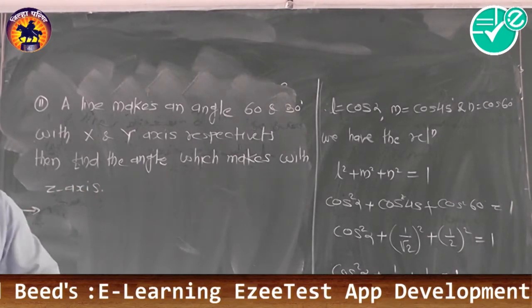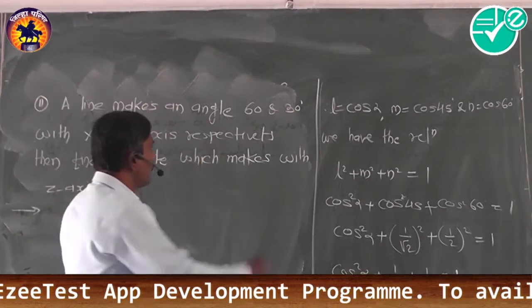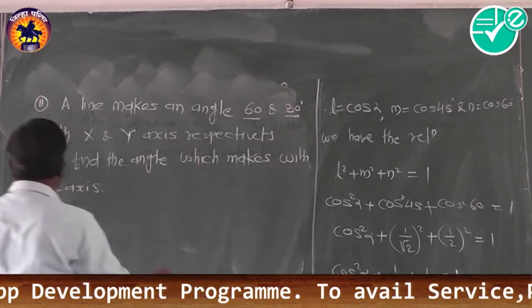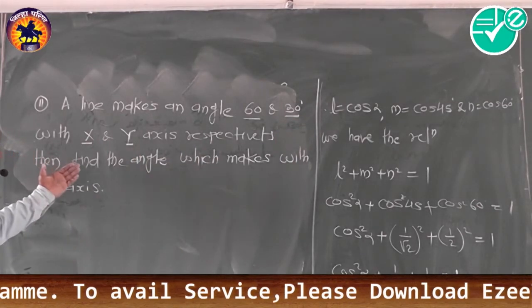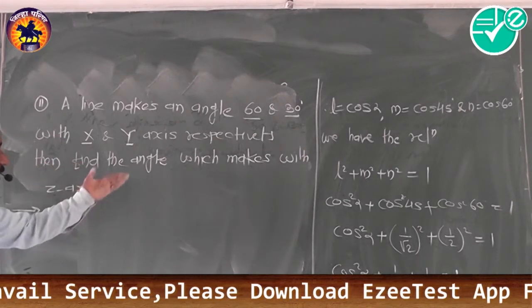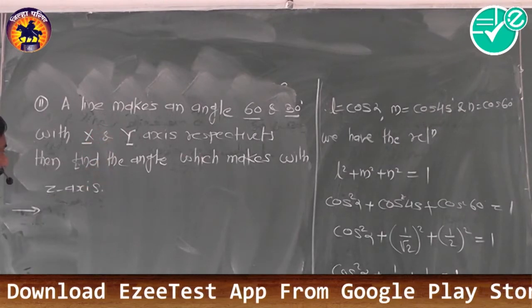Just like the similar example, here a line makes angles of 60 degree and 30 degree with the x and y axis respectively, and we have to find the angle with the z axis. It is very simple. Now in short we can solve it like that.